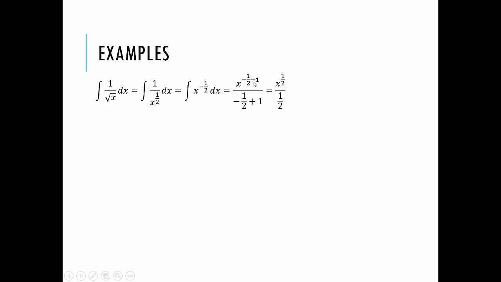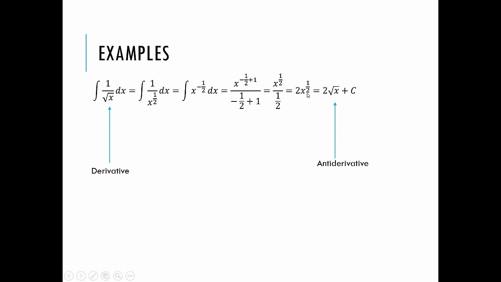So x to the -1/2 plus 1, so that's 1/2, gives me x to the 1/2. That becomes the same for my denominator. Notice when I have 1/2 here, I can bring the 2 up to the top. And then finally, I can change x to the 1/2 to a square root. So in other words, if I took the derivative of 2 square root of x, I would get 1 over square root of x.